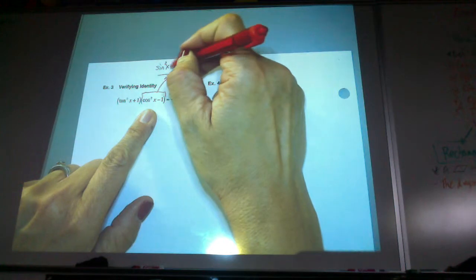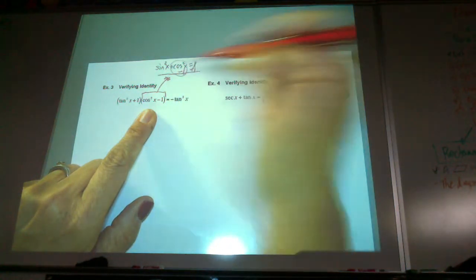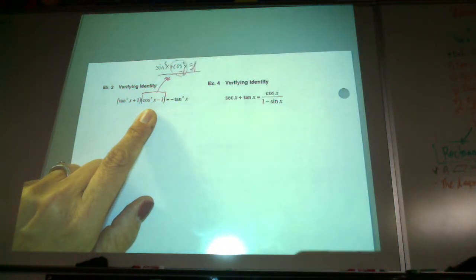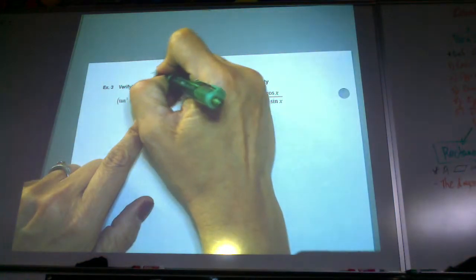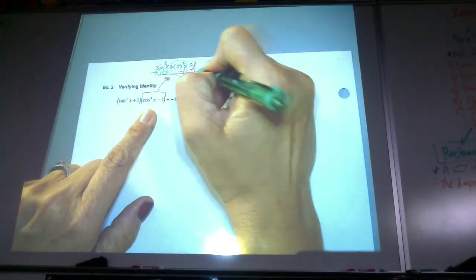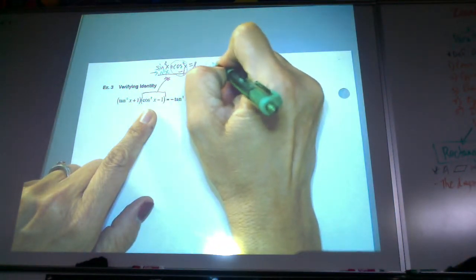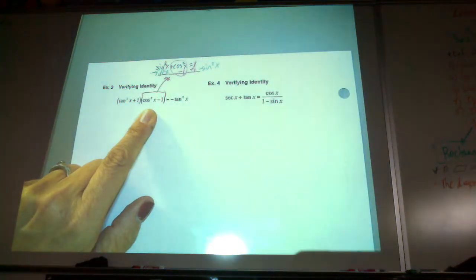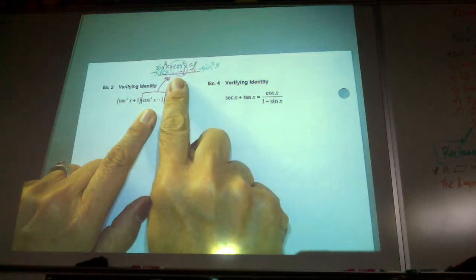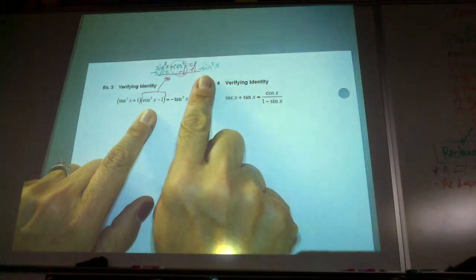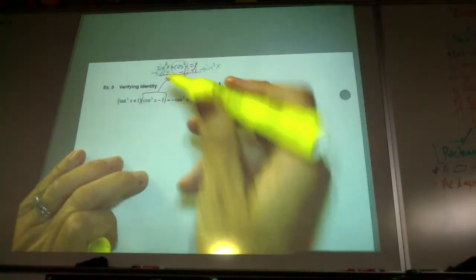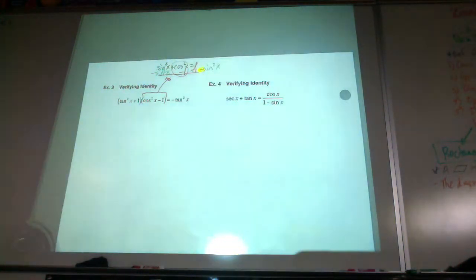This right here gives me that cosine squared minus 1, but I have that pesky sine squared over there. So I want to subtract the sine squared in order to move it. And so that's why we end up with that cosine squared minus 1 equaling a negative, and here's the key. Sometimes we end up with a negative sine squared.